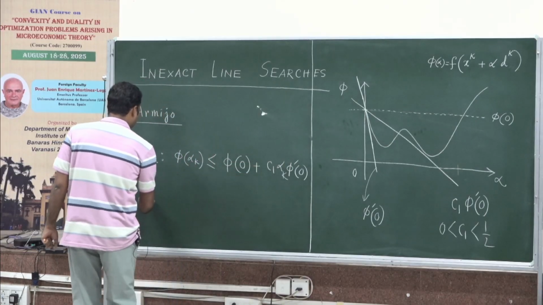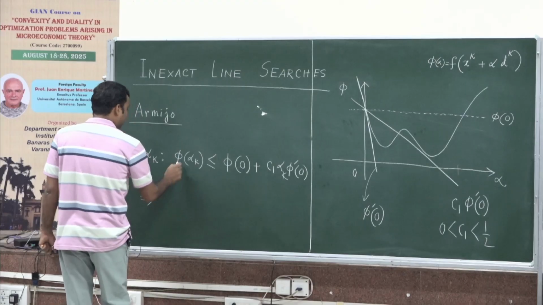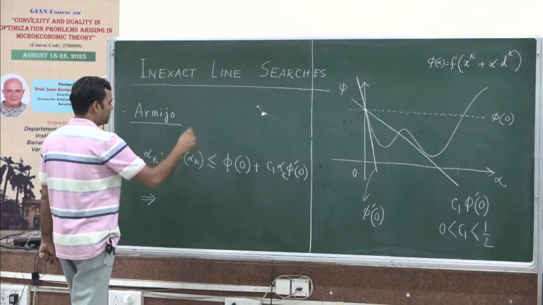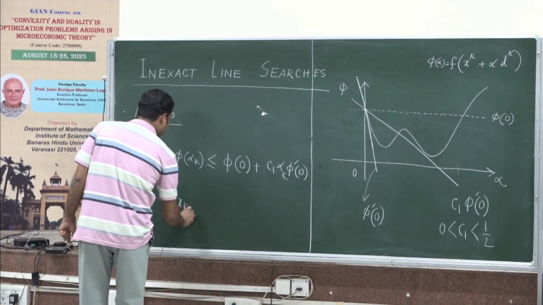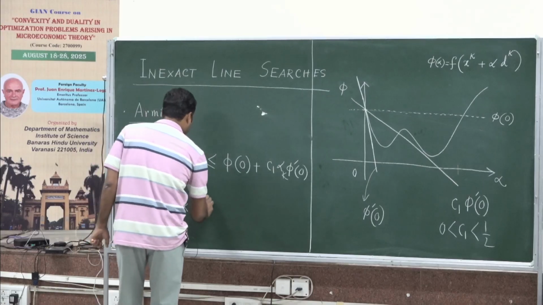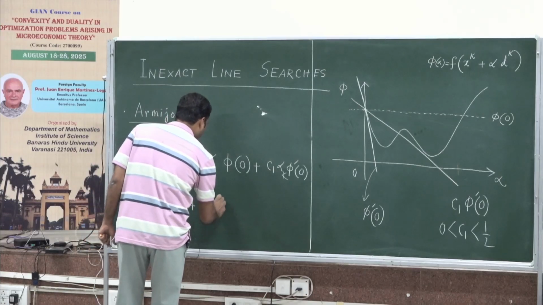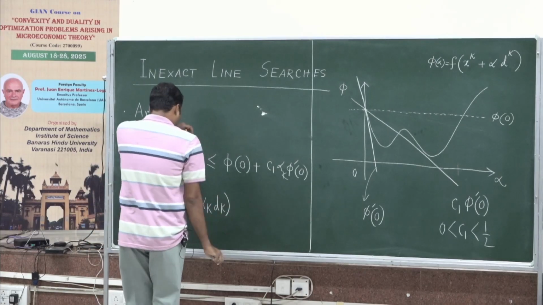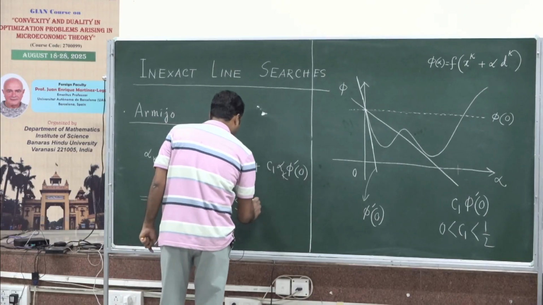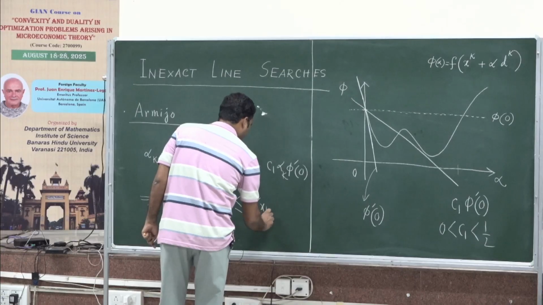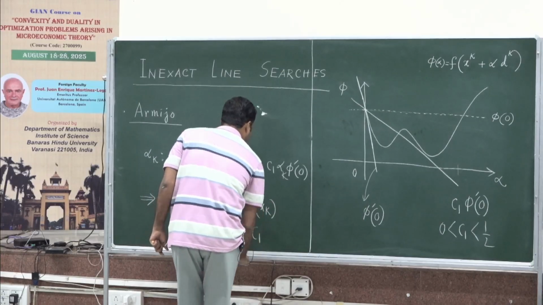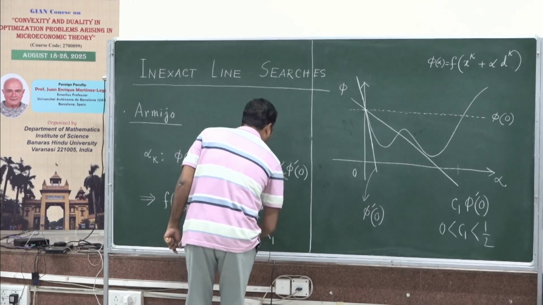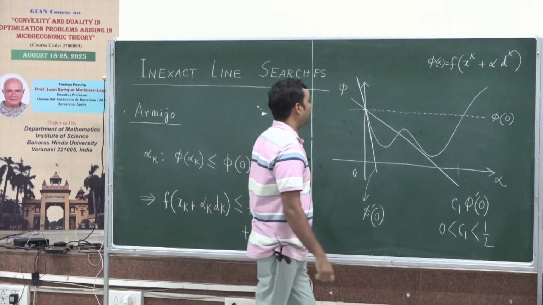In terms of the function f, this phi is an auxiliary function. In terms of the function f, this condition says that f of xk plus alpha k dk is less than or equal to f of xk plus c1 alpha k times phi dash 0. What is phi dash 0?